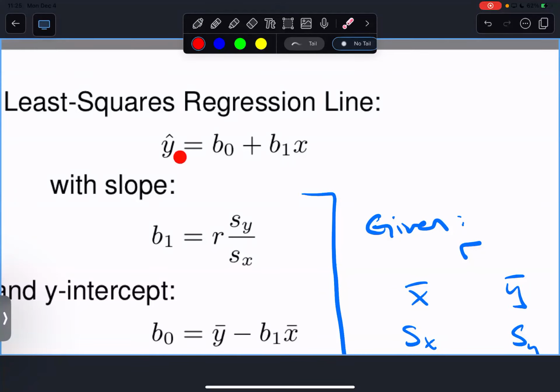If I look at Y hat is B0 plus B1X, and I want to figure out what B1 is, then I can say, okay, if I let X go from 0 to 1, B0 just stays B0, then what happens? Then my Y hat increases by B1. For each unit increase in X, my Y hat increases by B1, right?